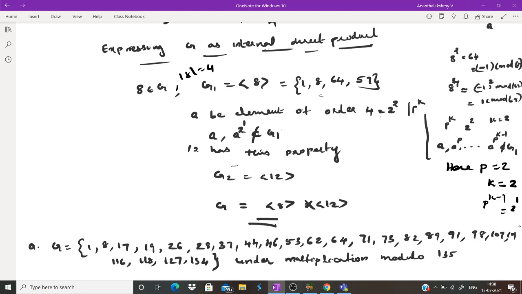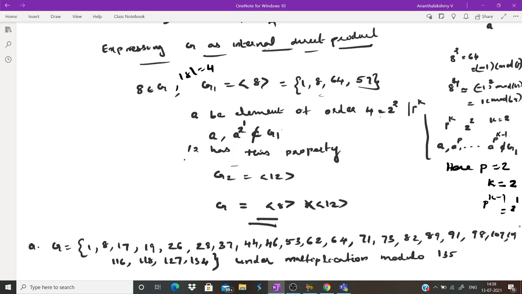So here the maximum order of an element is 4, you take it as A, and you have to choose A in such a way that A and A squared raised to 1 is not an element of G1. So you find an element of order 4 such that A and A squared do not belong to G1.